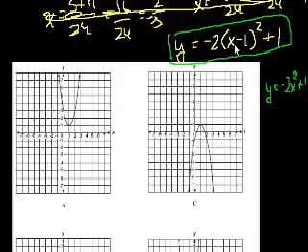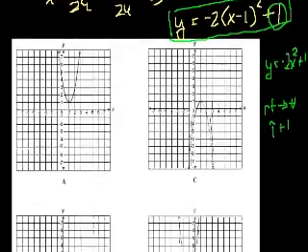I know it says a minus 1, but think about it. When x is equal to positive 1, this is equal to 0. And so it's going to be shifted to the right by 1, right, plus 1. We know that it's going to be shifted up by 1, right? So up plus 1.